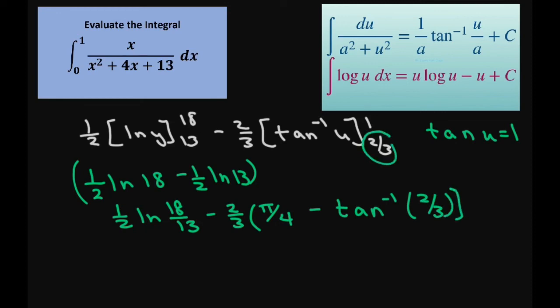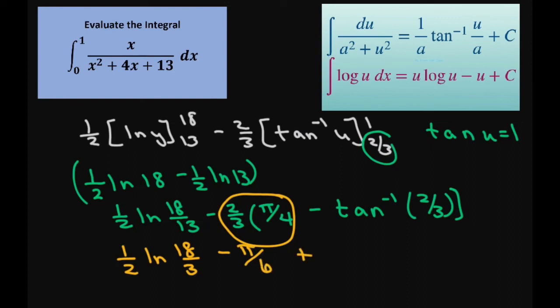All right, so this is going to simplify to 1/2 ln of 18 divided by 13. You multiply these two, you're going to get minus pi divided by 6. And then you're going to have plus, and distribute that 2/3, so 2/3 inverse tan of 2/3. And this will be your final answer.